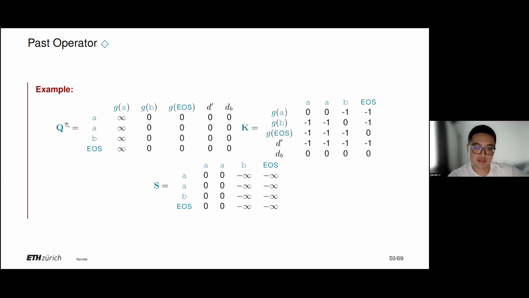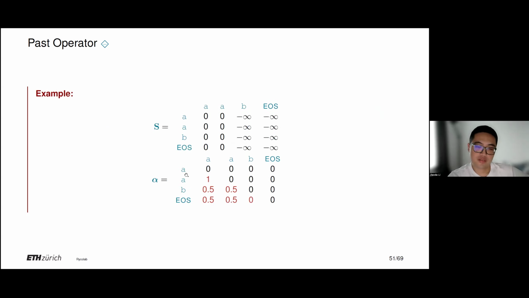So if we multiply this Q with K, then we will get this score matrix, which is negative infinity everywhere the symbol is not A, and A. And if we compute the softmax, factoring in the strict future masking, then we will end up with these attention weights. And then we do the weighted sum of values, we will end up with the correct past pi A.